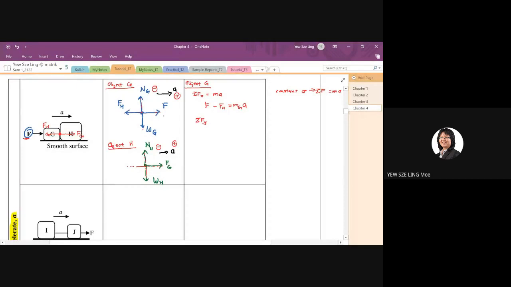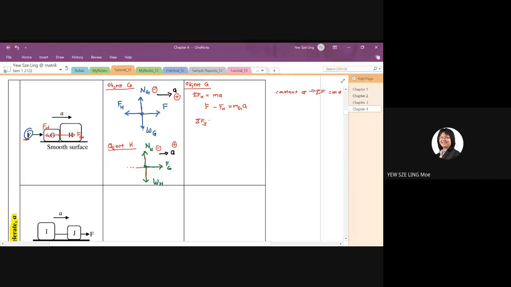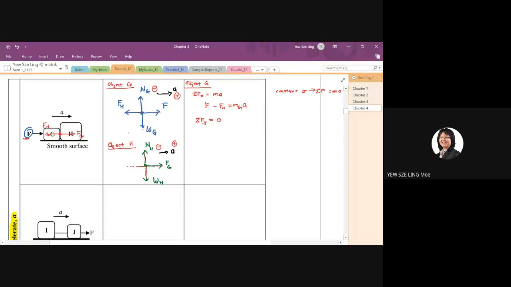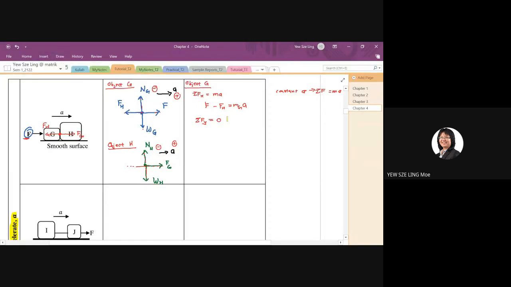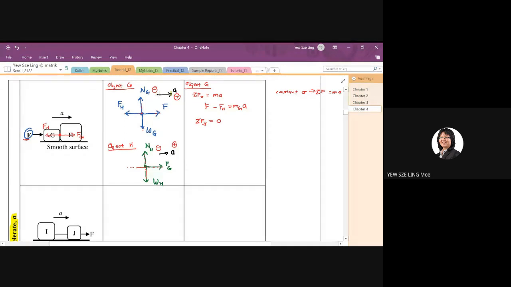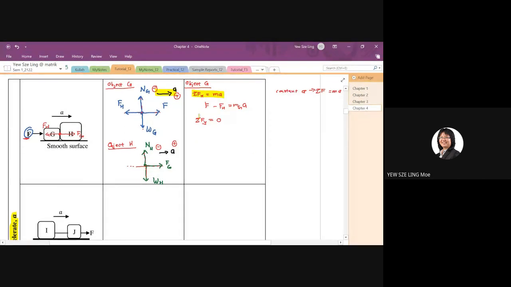Now the object is not moving along the Y component. Your acceleration is lying on the X component. So for the Y component, we apply Newton's first law, because our object is not moving up and down, there's no motion along the vertical component. You have motion only along the X component. Therefore, for the X component you use MA, and for the Y component you use equals to 0.